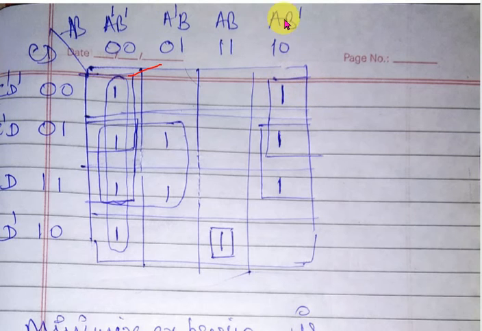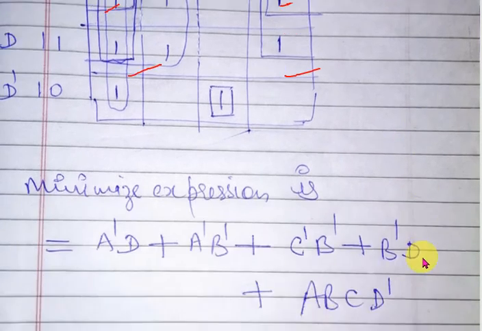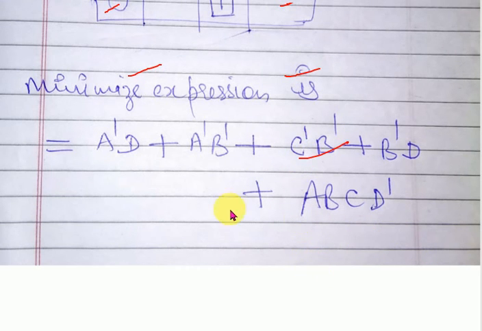Then A B dash and A dash B dash: A is the variable which occurs in itself and complemented form. So we neglect A and consider B dash, and consider C dash. Corresponding to this basic block, the minterm is B dash C dash.